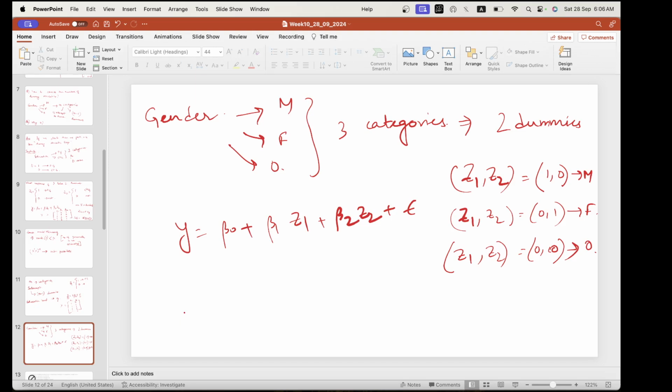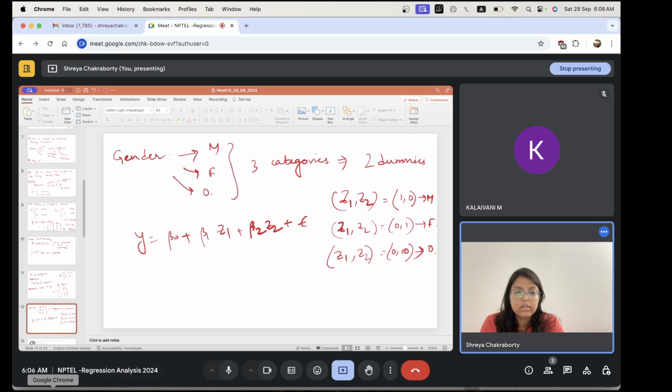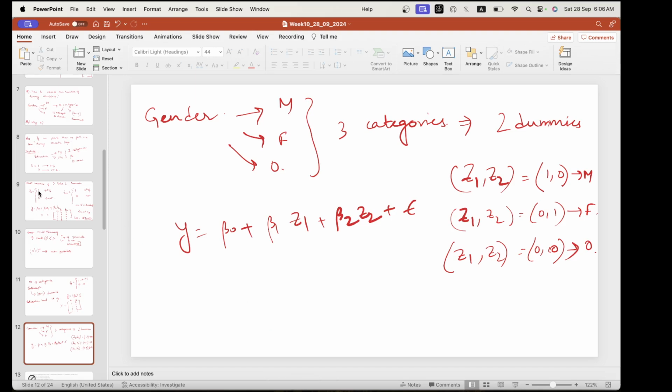Is it clear? Okay, fine. So this is the way to choose the number of dummy variables.